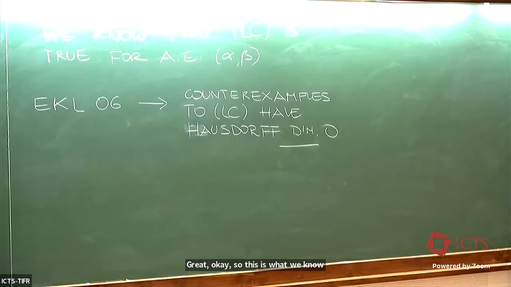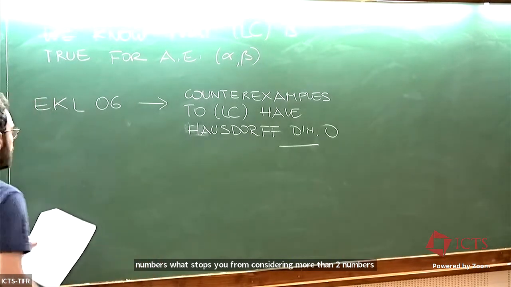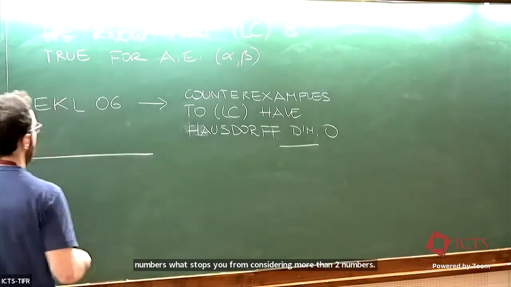And okay, if you look at this expression, or at this approximation process, you see two numbers. But what stops you from considering more than two numbers, right? So analogously, you can consider something like this.